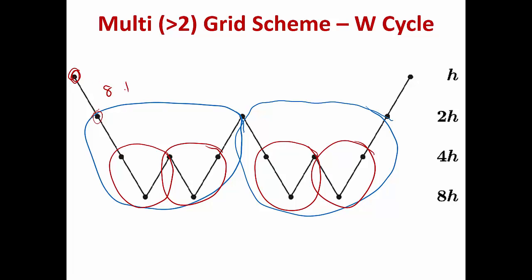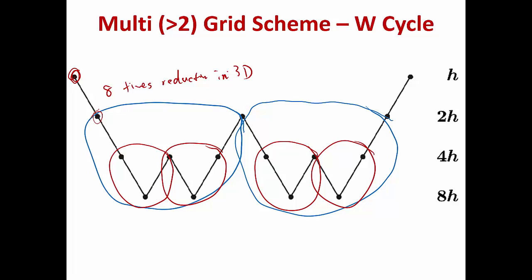So 8 times reduction in the grid size in 3D. That means doing something on the coarse grid is almost free compared to doing the same thing on the fine grid. So if I'm able to solve the error equation more accurately, why not? If one multigrid cycle is not going to be solving the error equation very accurately, then it makes sense to call the coarse grid solution twice. Okay, so that's what a W-cycle means.